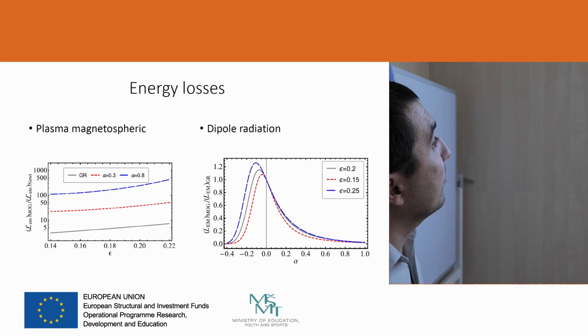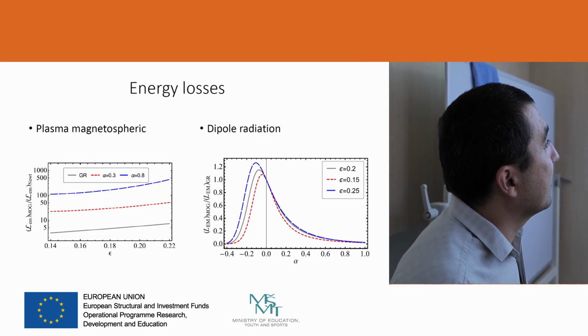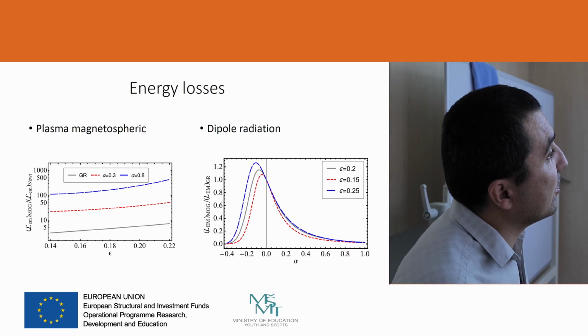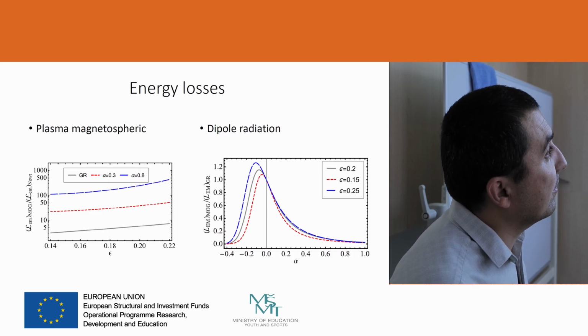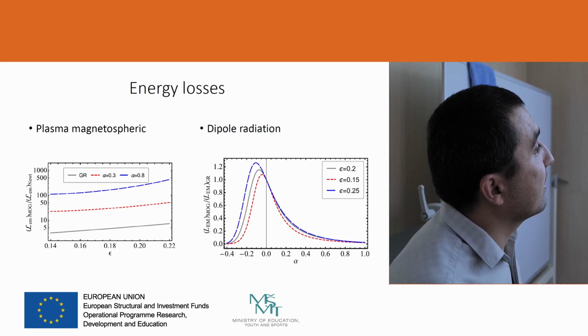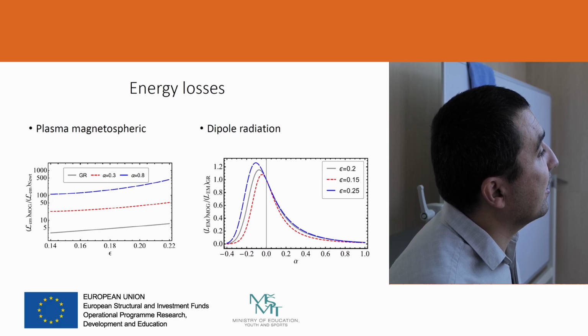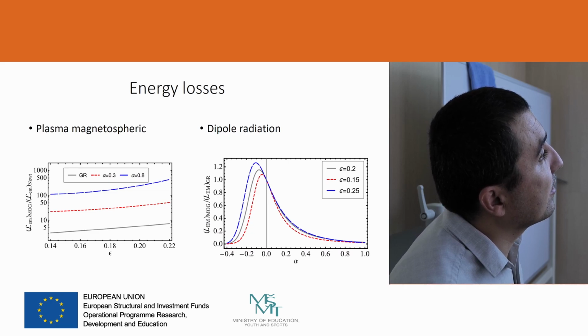So here we show the dependence of the luminosity of magnetospheric radiation on the compactness parameter, which is the mass to radius ratio, and we can see that as the compactness parameter increases, this plasma magnetospheric radiation luminosity also increases, and the Mach field also causes the radiation to increase.